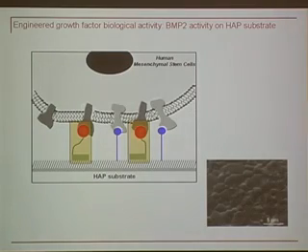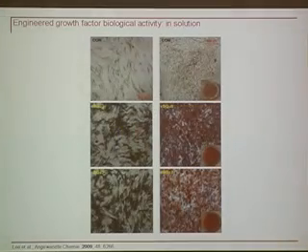So getting back to the biologically relevant data. The next step was to immobilize these molecules on the surface of hydroxyapatite slabs and see whether or not they would promote stem cell differentiation down the bone lineage. This is an electron micrograph of the surface of a hydroxyapatite slab.